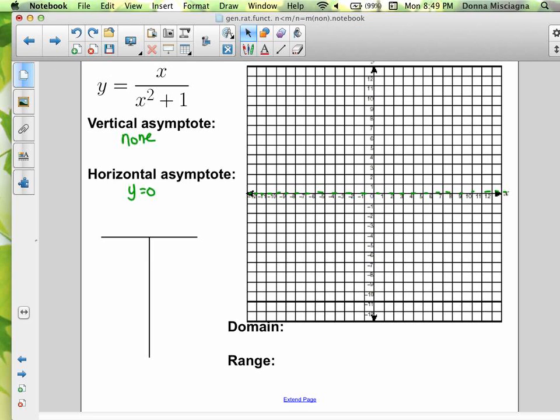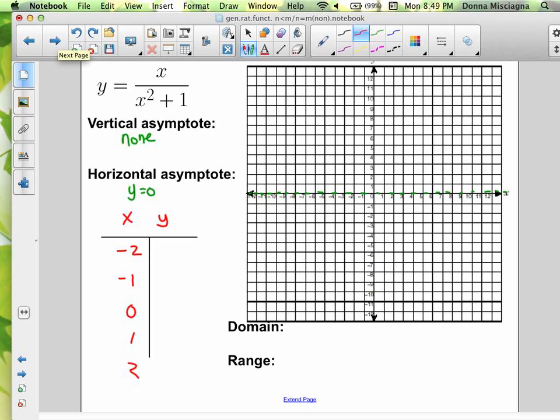And let's create our table of values. All right, since we have no vertical asymptotes, let's take -2, -1, 0, 1, and 2. Right? 2 positive, 2 negative, and 0, which is going to be both our x and our y-intercept. If we plug in -2, we have -2 divided by -2 squared plus 1.